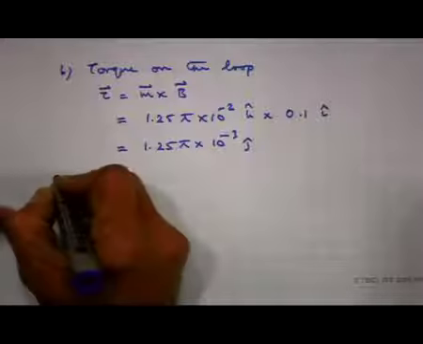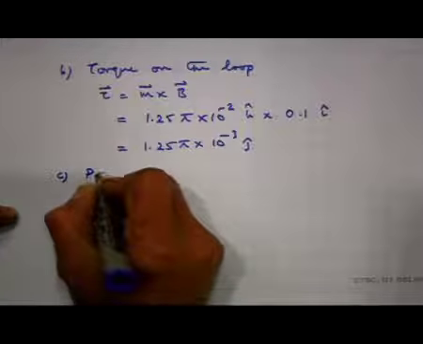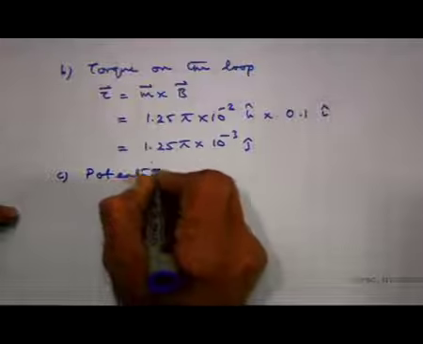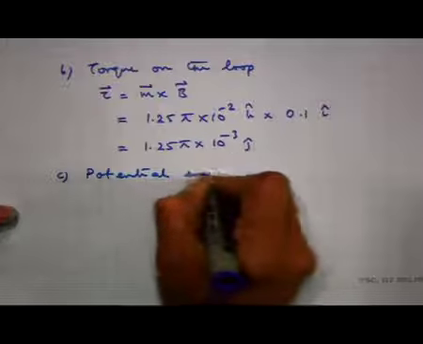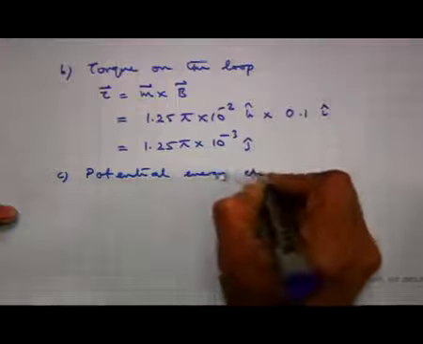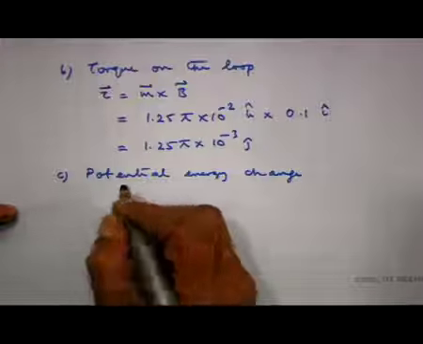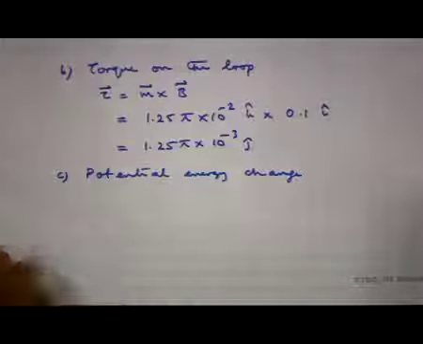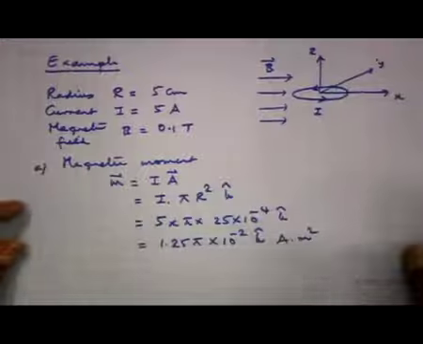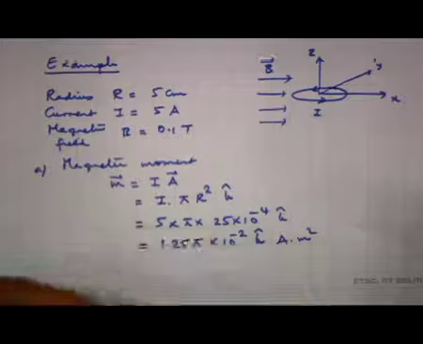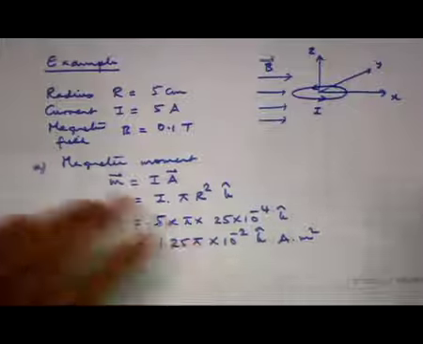Now, I can also calculate the potential energy change. So, consider the change in potential energy when the loop goes from this position to a position which is minimizing the potential energy.